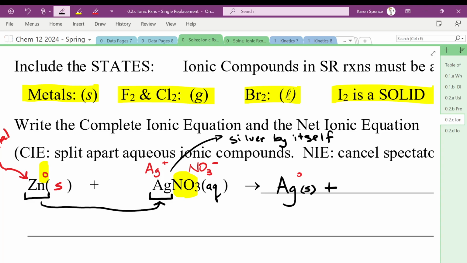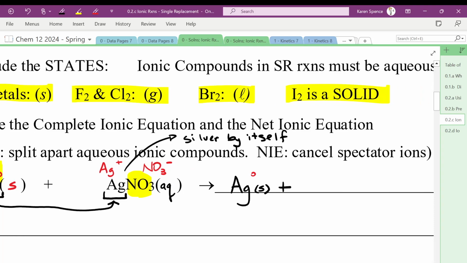Zinc is 2+, and NO3 is negative. So what is the formula for that compound? Zn(NO3)2. Okay, and because it's a nitrate, it is soluble, so that is going to be aqueous.